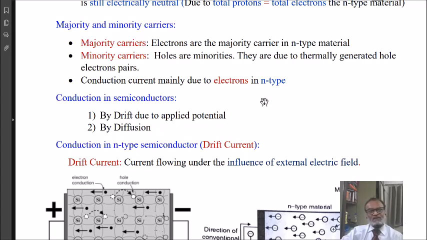We have seen that the current is flowing because of two particles, holes as well as electrons. The total current is the summation of electron current and hole current. This current is because of the application of external potential, and therefore particles are moved by force and drifted, and therefore the current constituted is called drift current.